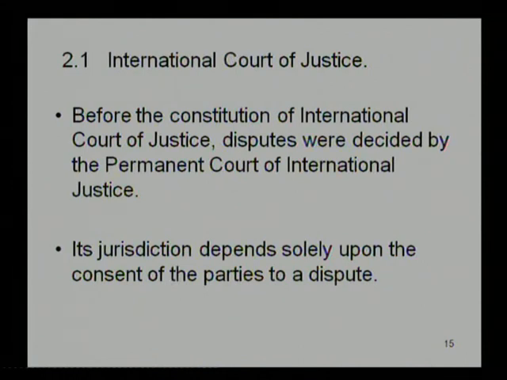From 1922 to 1945, it was working as the Permanent Court of Justice under the League of Nations, and after the Second World War it was dissolved and again constituted after 1945 as the International Court of Justice.